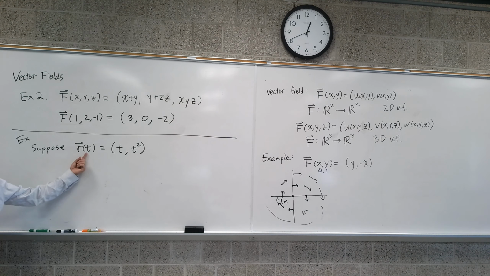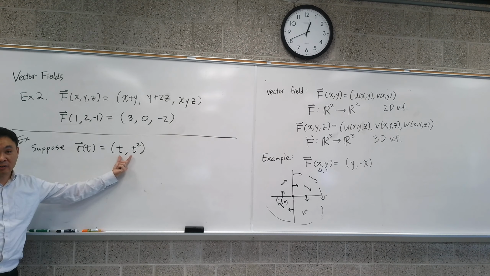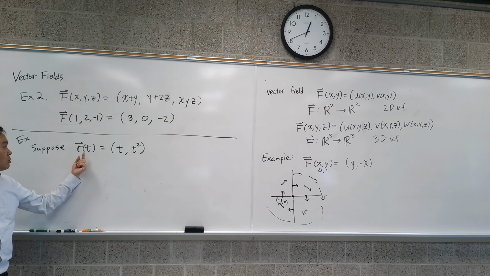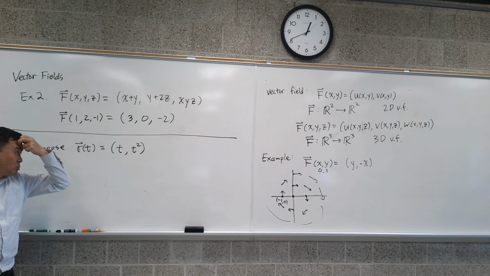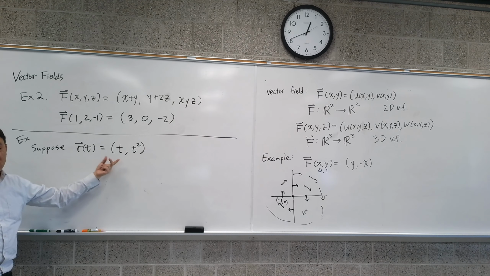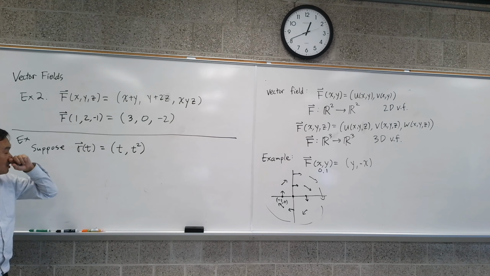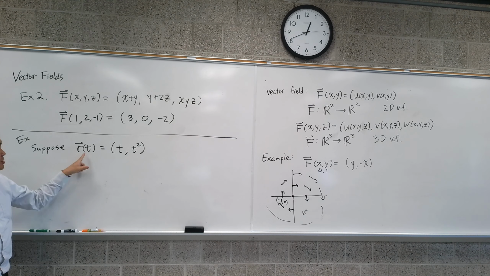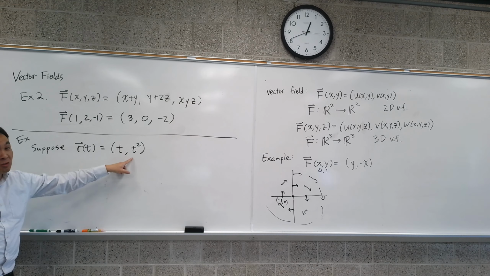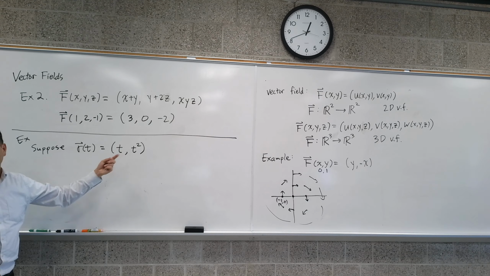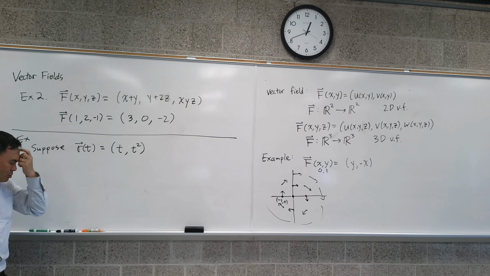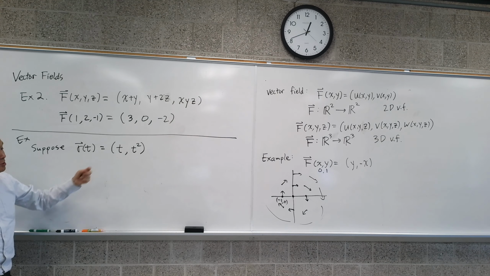It takes one value, it gives you 2 values back, right? So at each time t, it's going to give you a vector, which is a location vector, a position vector. That means that at every time t, you get a position of a moving particle, so it's a trajectory. Another way to say it is that this is a moving particle. It's a trajectory of a moving particle. That's what it is.